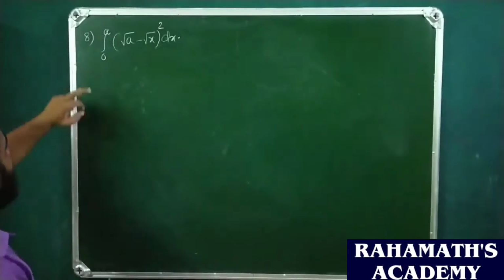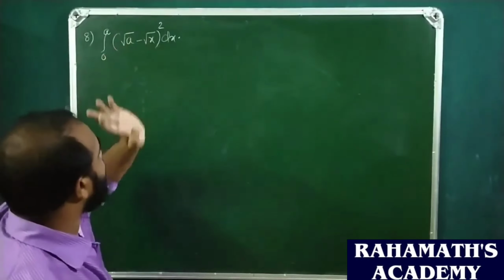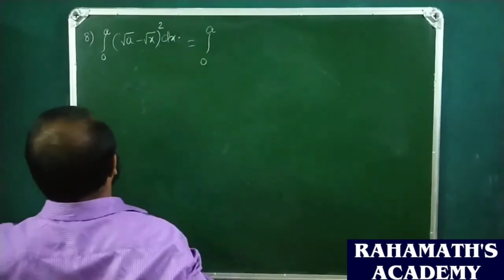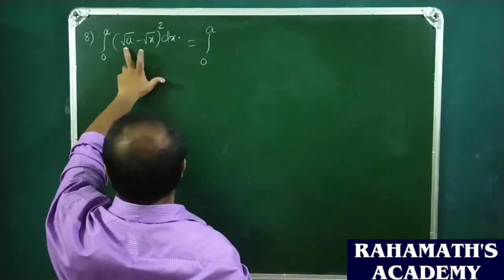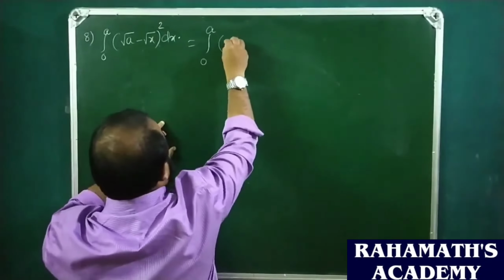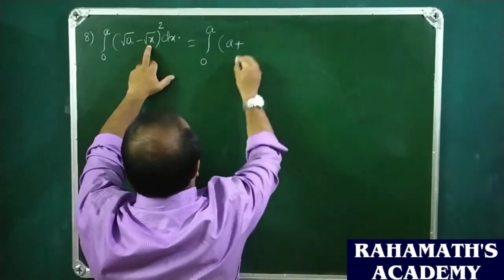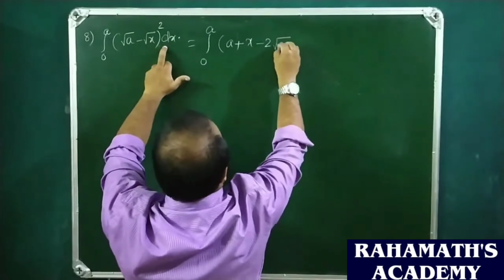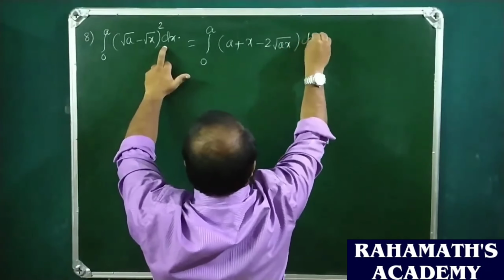Next is the integral 0 to a of root a minus root x whole square dx. So integral 0 to a, a minus b whole square is a square plus b square minus 2ab. Root a whole square is a, plus root x whole square is x, minus 2 root of ax dx.